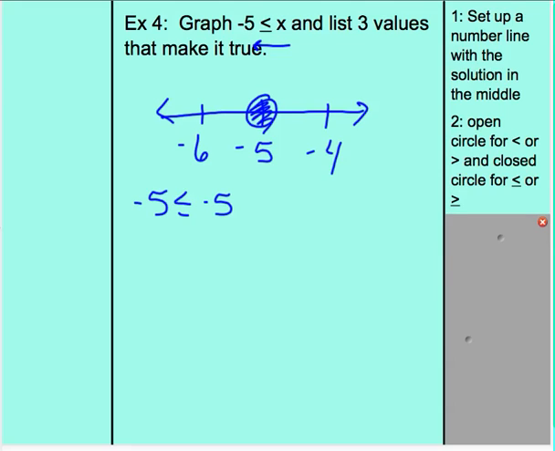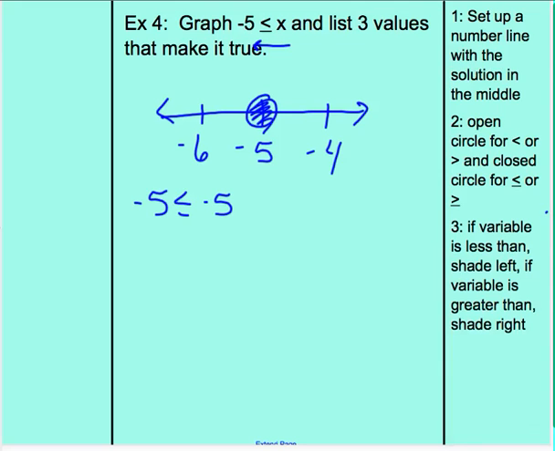So we'll shade that in for a true statement, and then we figure out which direction to shade. Again, read from the variable. x is greater than or equal to -5, so we will be shading to the right.